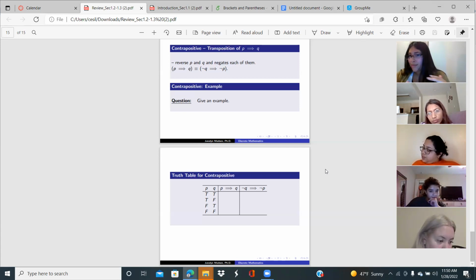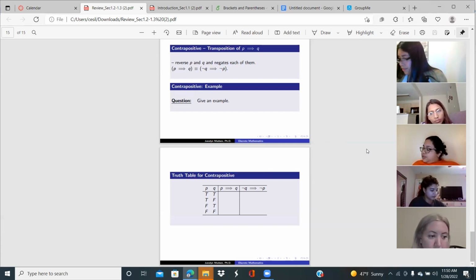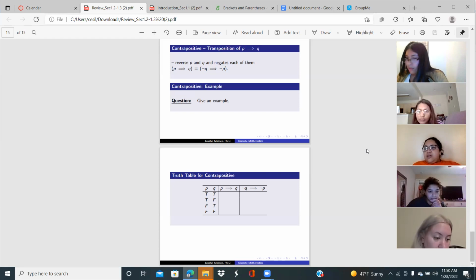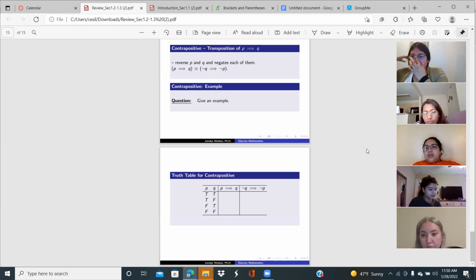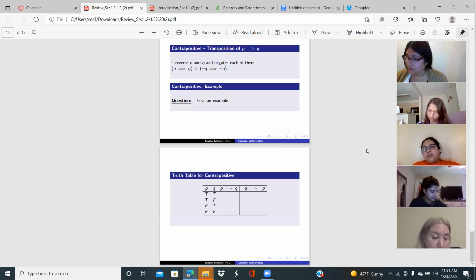Like 8? 8. Okay. I think the way she explained finding the number of rows was 2 to the power of n. There are 3 elements, P, Q, and R, so it's 2 to the third power, so it'd be 8.